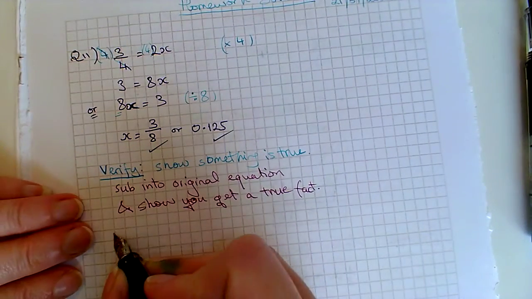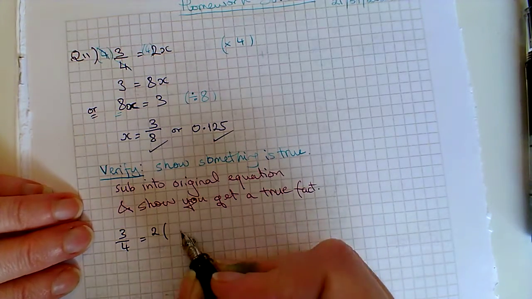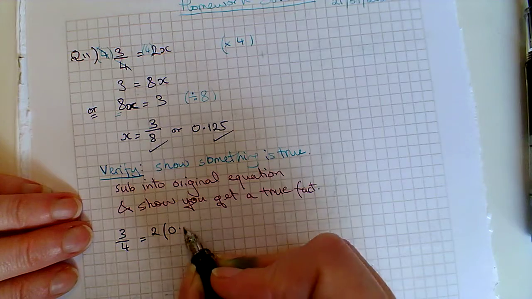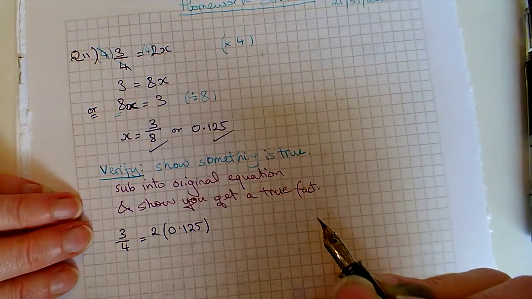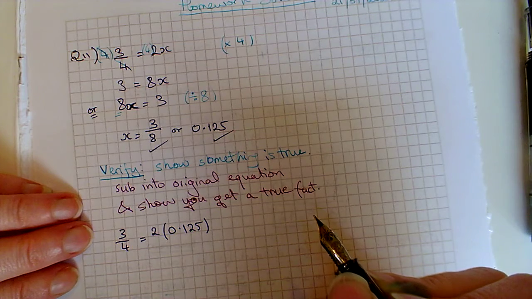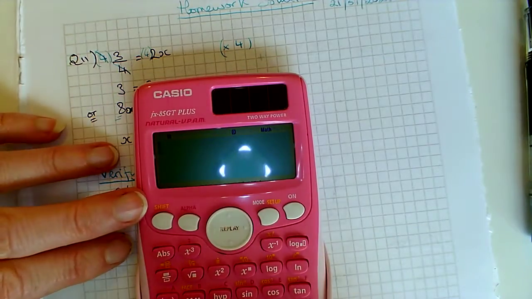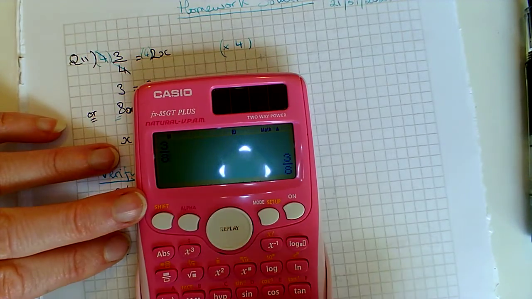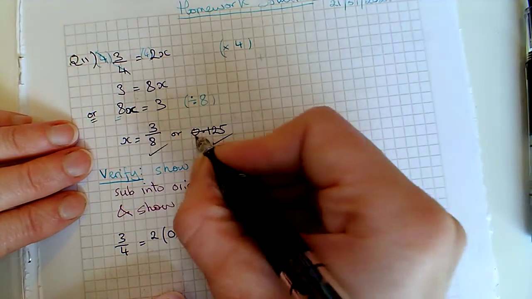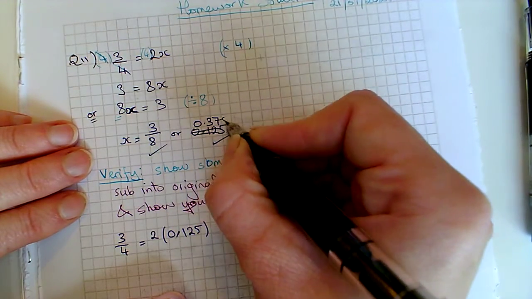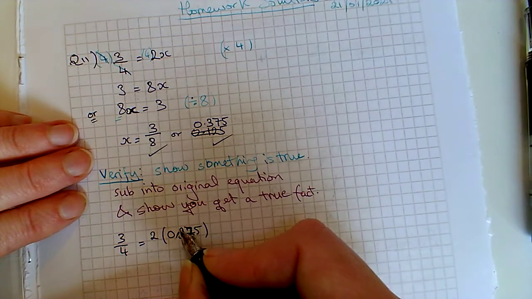So what I'm saying is that if I replace x in this equation with 3/8, or it might be easier to just do 0.125, what do I get? I've really got to stop doing things in my head because, 375, yeah. 0.375, that's what I should have had there. 3/8, not 1/8.